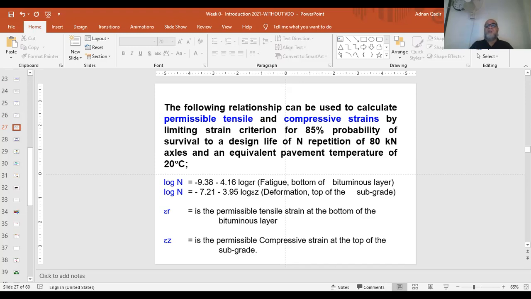What I mean to say is, if your temperature is 25 degrees centigrade, or if your standard axle load is 12 ton, maybe, as in most countries, this equation cannot be applied, because this equation has been evaluated for the standard condition of 20 degrees centigrade and 8 ton allowed load on a single axle.